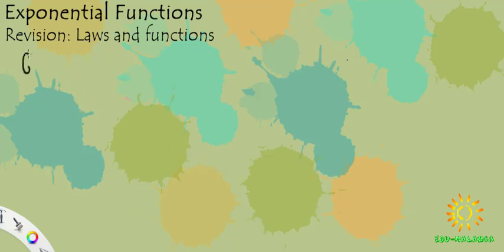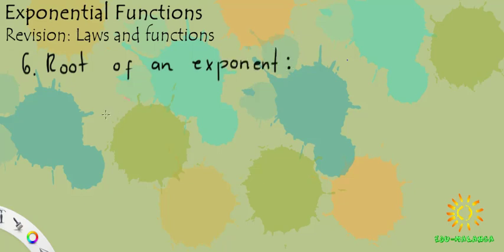The 6th law that we will look at is the root of an exponent law. So what you have is an exponential term and you're taking the root of it. So for example, you have a to the power of x, and you are taking the nth root of it. So what does this mean? I'm not sure if you know this or you're hearing it from me for the first time.